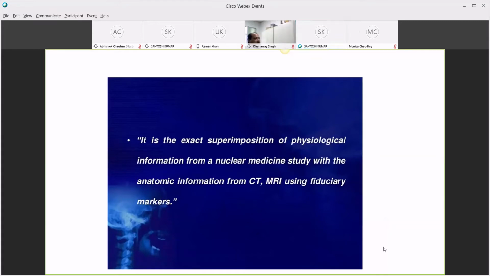So if we combine the anatomical studies with the physiological study, then we get the hybrid image that will be either a SPECT CT image or the PET CT image.